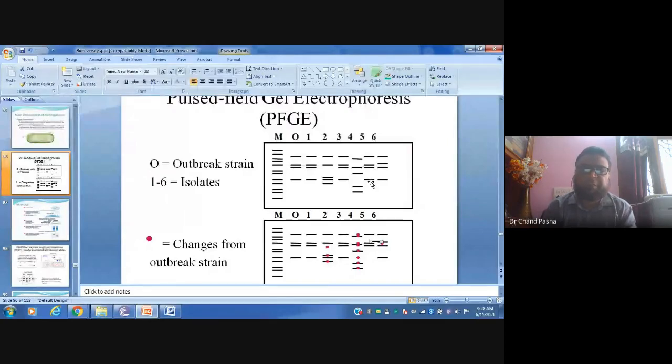It becomes relaxed, a completely circular double stranded DNA. In the third category, both strands are cut, so it becomes linear DNA.